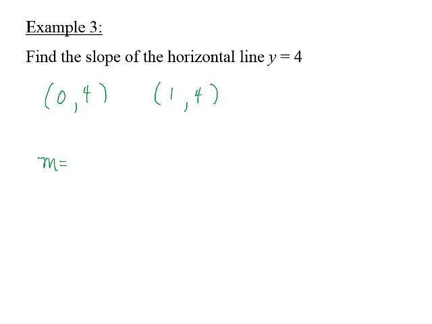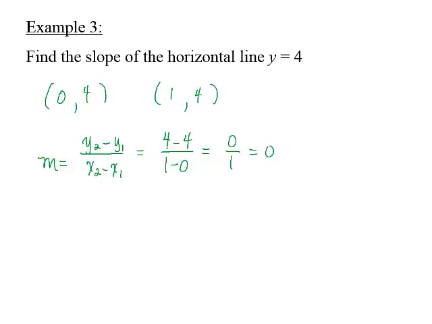If we find the slope between these 2 points, y sub 2 minus y sub 1, divided by x sub 2 minus x sub 1, we get 4 minus 4 divided by 1 minus 0, which is 0 divided by 1, or 0. The slope of a horizontal line is always 0.